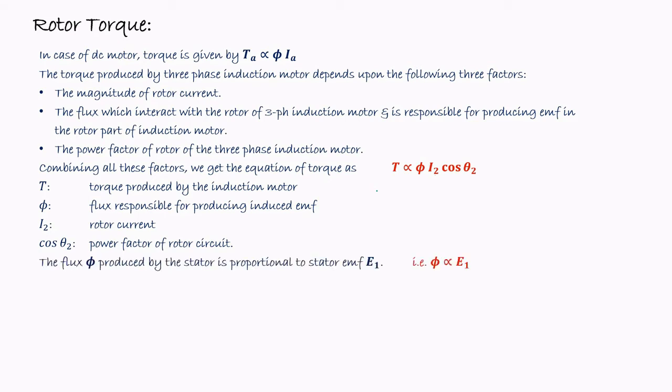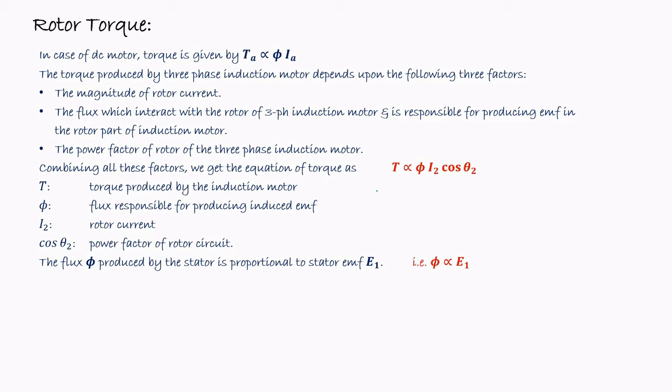Now the flux produced by the stator is proportional to the stator EMF, that is E1, because the magnetic field produced in the stator winding depends upon the current flowing in each and every phase, and the current flowing through the three-phase stator winding depends upon the supply voltage.